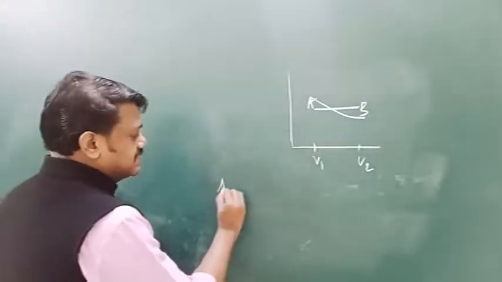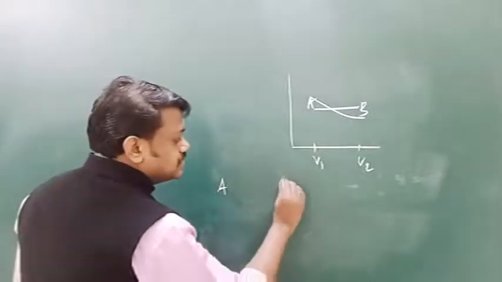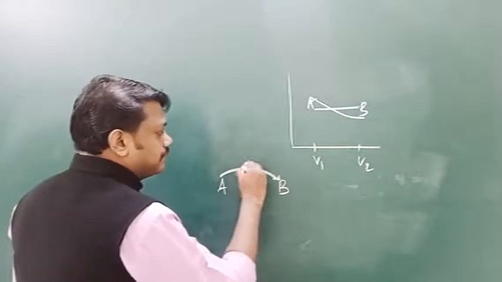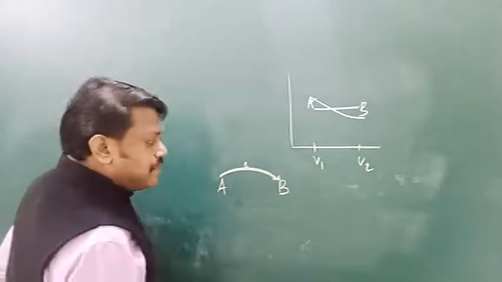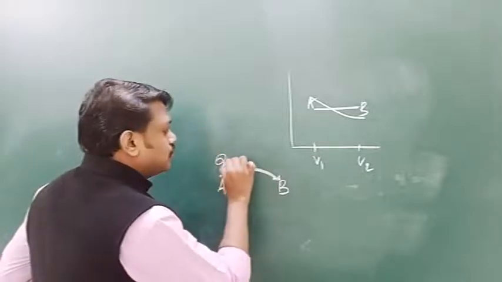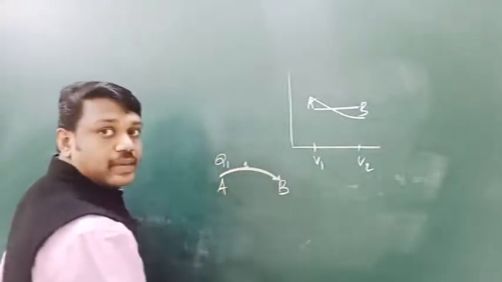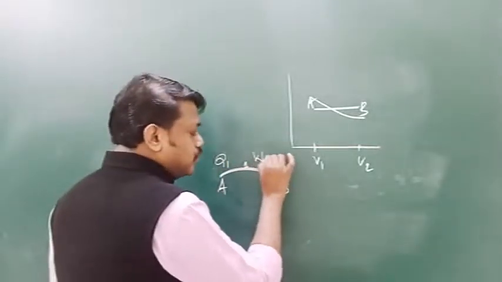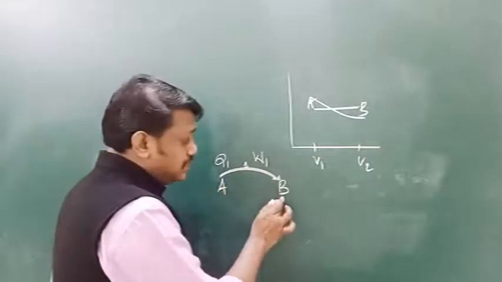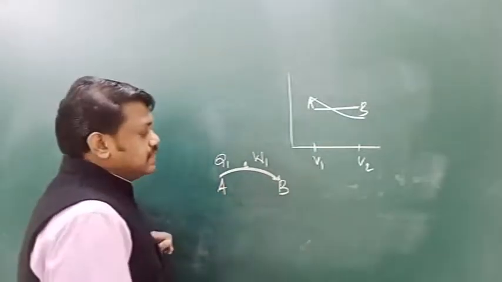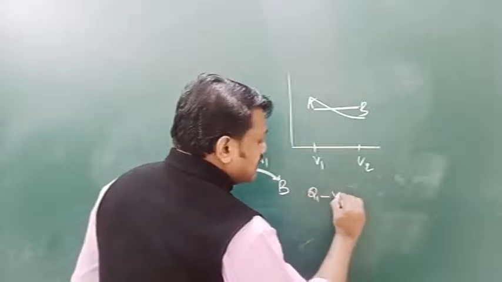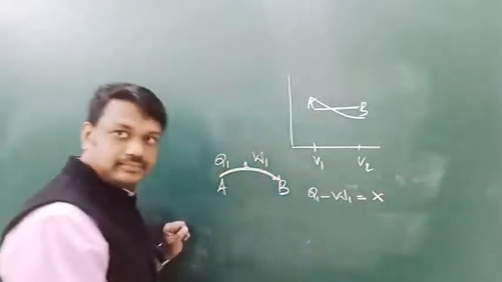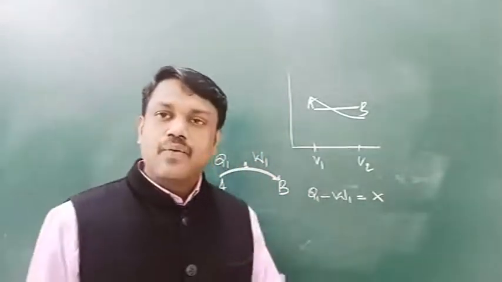Suppose a system is in its initial state A and it is changing to state B through path 1. Q1 amount of heat is supplied to the system in state A, and it does a work W1 and changes its state from A to B. Then you can calculate Q1 minus W1, which is X. So heat supplied and work done by the system.